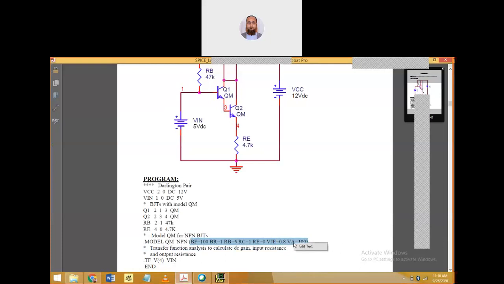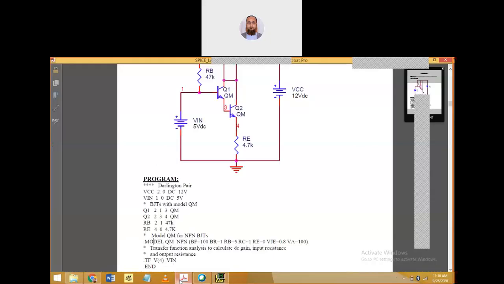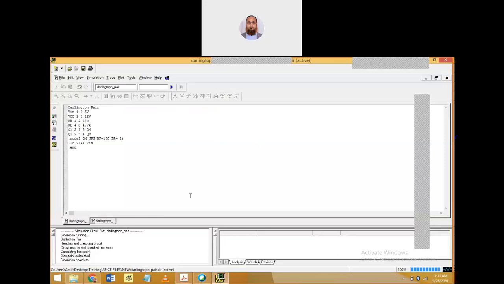BF is 100, BR is 1, RB is 5, RC is 1, RE is 0. These are all actually the small-signal parameters of the BJT.